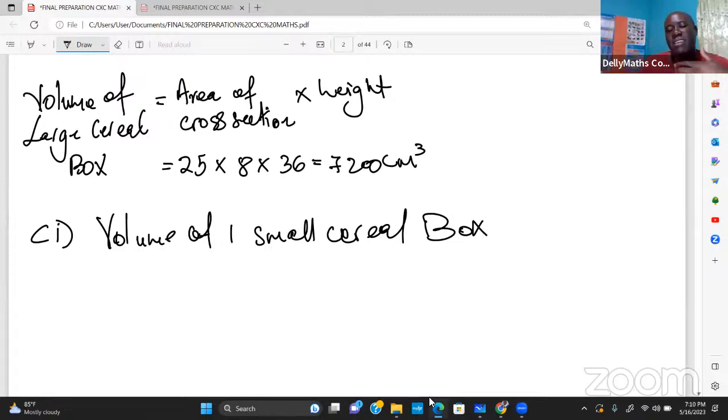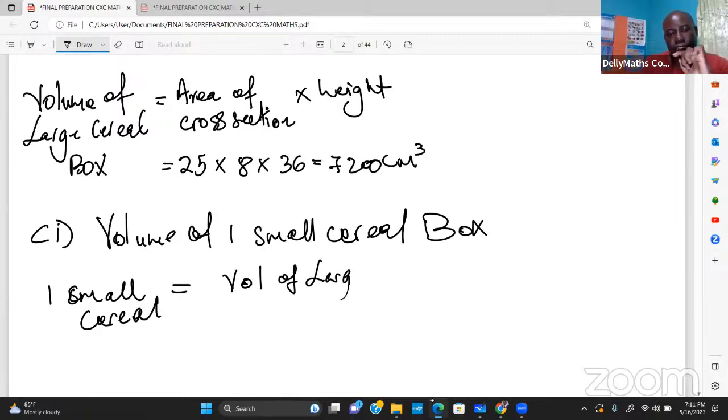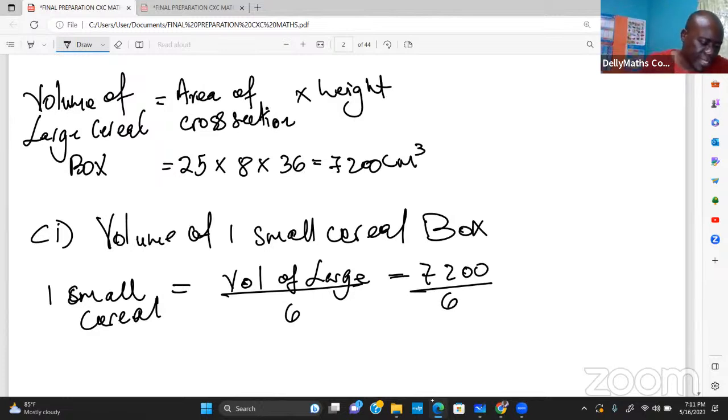You're going to take into consideration that one small is going to equal the volume of the large divided by 6. So you're talking about 7,200 divided by 6, because they did say it could fill 6. You're going to get 1,200 cm3. Straightforward, and you get the volume for 1.